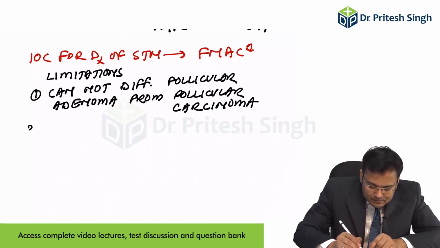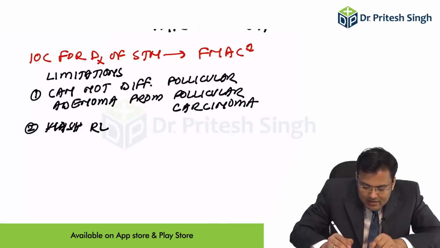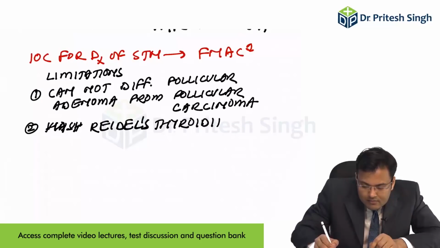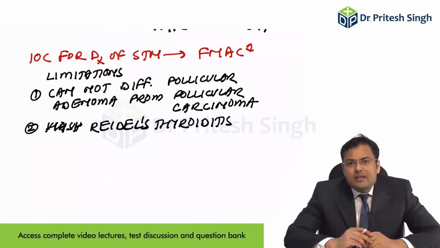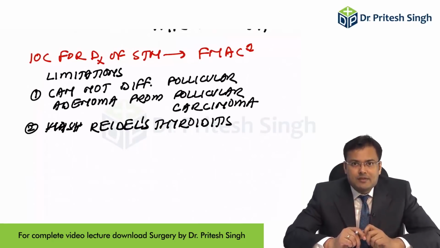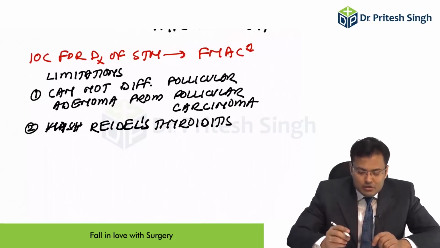Second limitation, Riedel's thyroiditis. In Riedel's thyroiditis, the thyroid tissue is replaced by fibrosis. That's why FNAC is not going to diagnose this condition also.